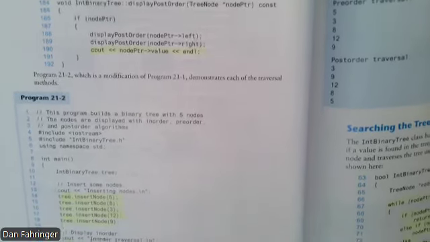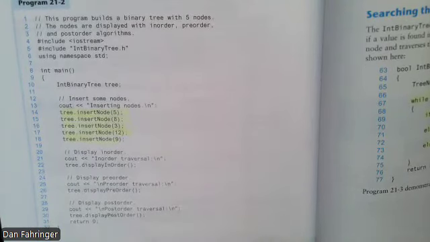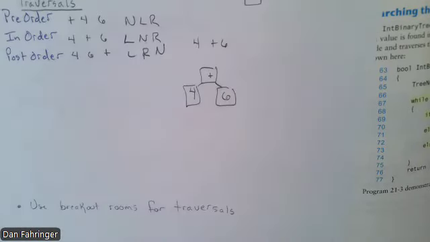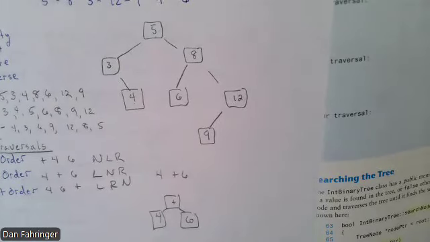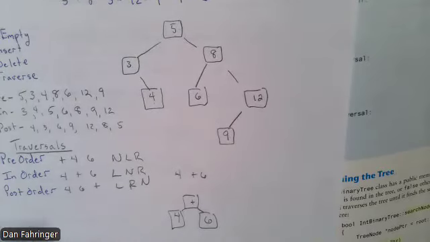So program 21.2 does the inserts, and then it's going to display the traversals. So in our program, we had some numbers that looked like this: 5, 3, 8, 4, 6, 12, and 9. And if we ran 21.2, we might have to change. What is this?